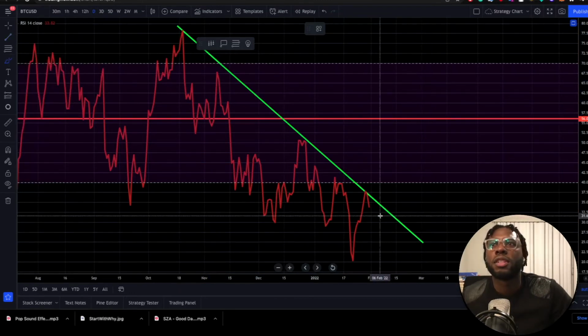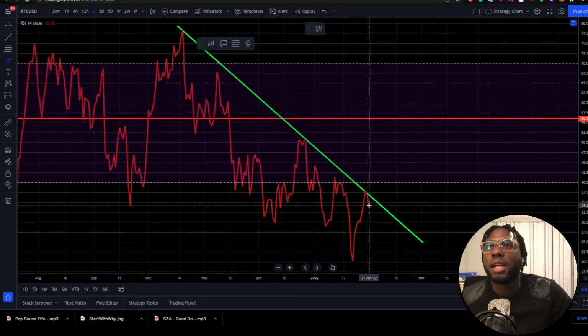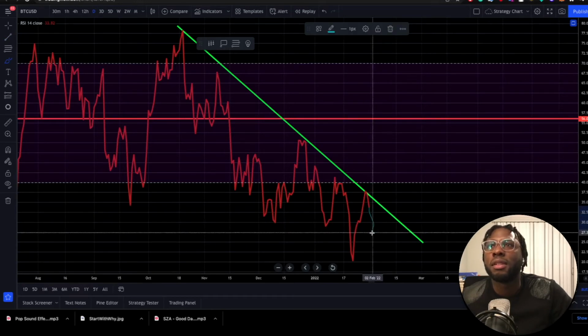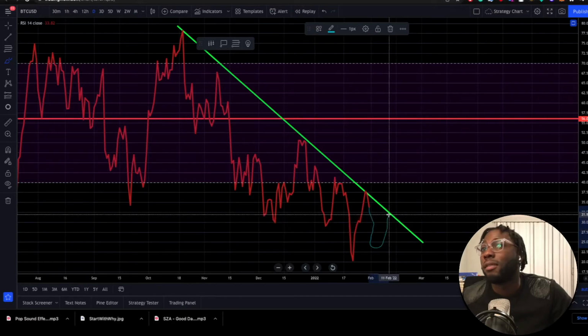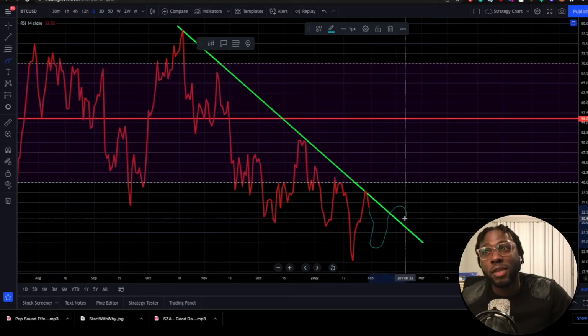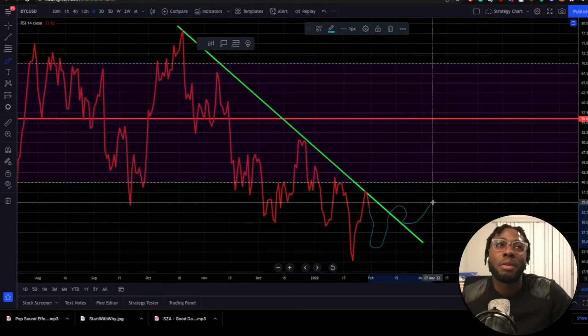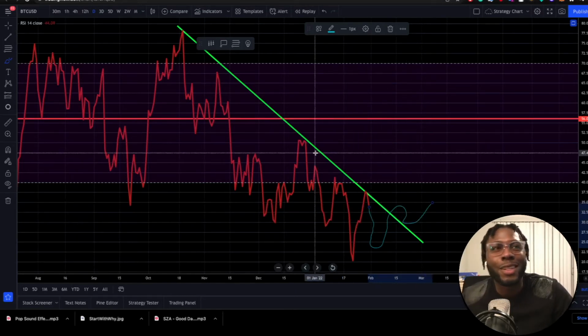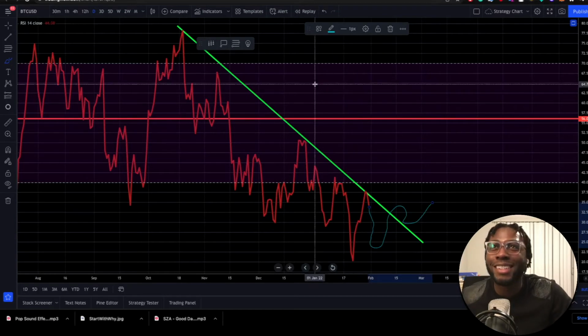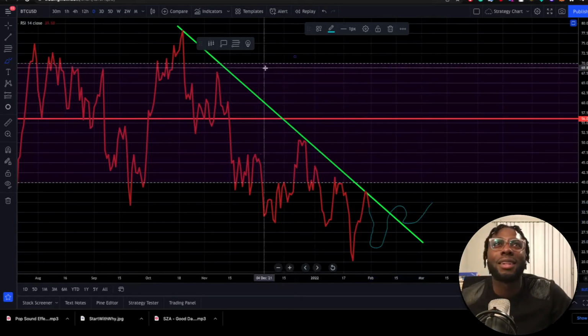So what we can anticipate is maybe this goes down a little bit, then we maybe break out of it, retest, maybe blast off. It's a little rare technical analysis right there. But anyhow, let's go back.